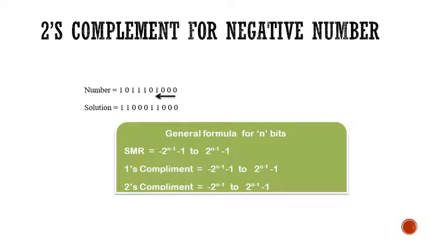So the general formula for n bits in sign magnitude representation is minus 2 to the power n minus 1, plus 1, to 2 to the power n minus 1, minus 1, and in 1's complement it is equal to minus 2 to the power n minus 1, plus 1, to 2 to the power n minus 1, minus 1, and for 2's complement it is the same.